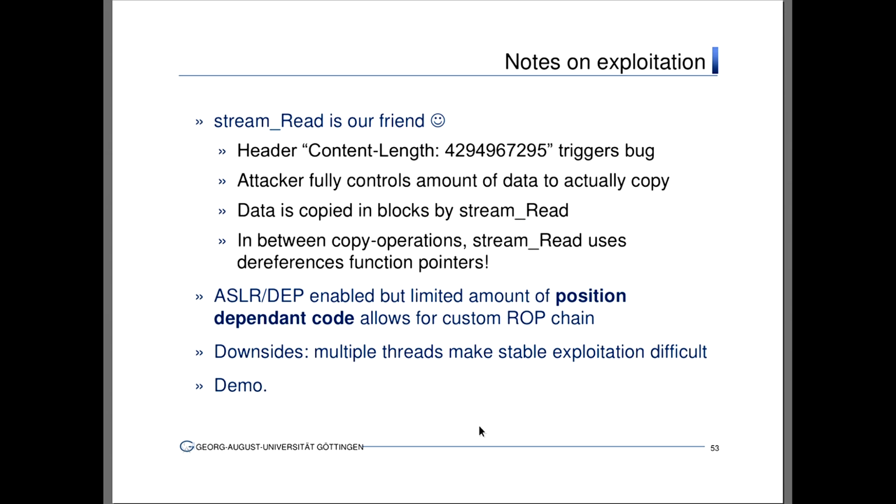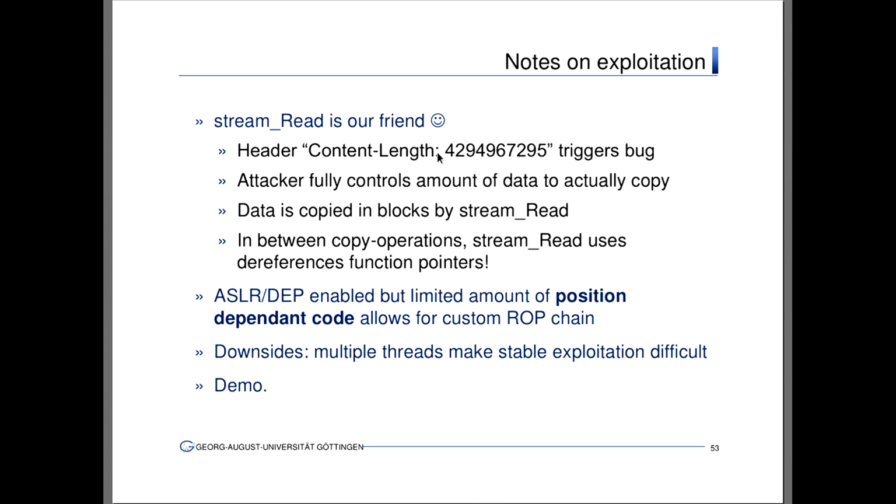Okay, so some notes on exploitation. Stream read is your friend. I just said this already. It's like memcopy, so it copies data into your buffer, but much better. So first of all, the size depends on the content length field. So you don't have to actually transfer 4 gigabytes of data. All you need to say is, I am eventually going to transmit 4 gigabytes of data. And here's some data.